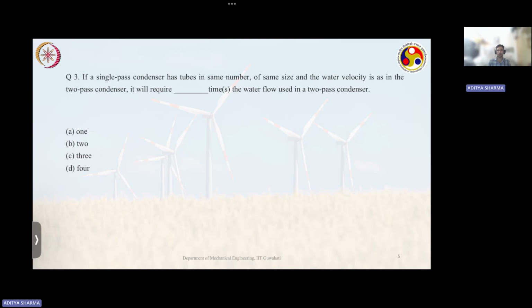This is on your surface type condenser. So please have a look at the question and try to think about the answer to this question.